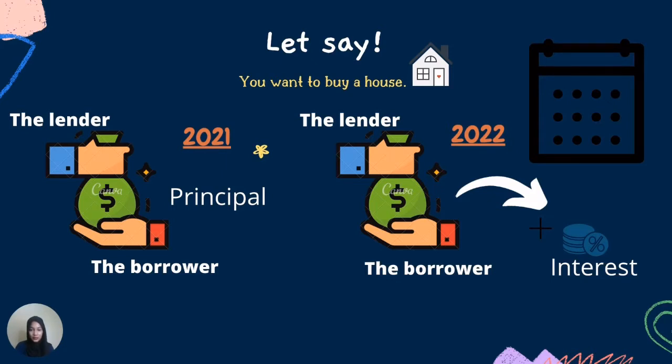You will have to repay the 30,000 as well as pay the lender or bank 6% of 30,000, which is 1,800 interest, for a total of 31,800 altogether in 2022. In addition, your lender might give you many months to repay that loan, so you don't have to worry about it.